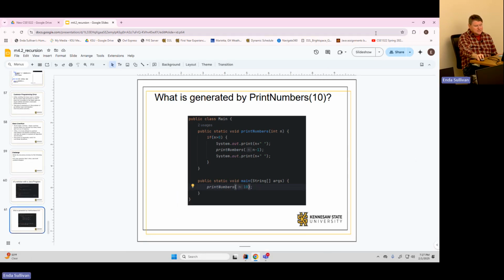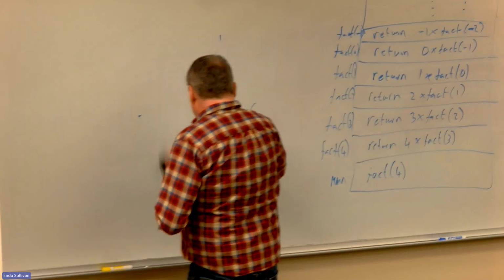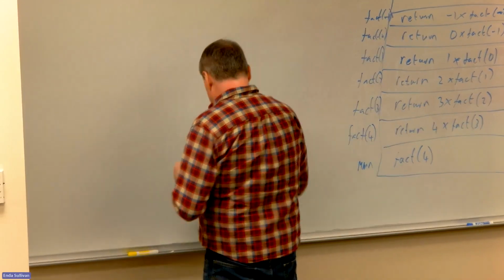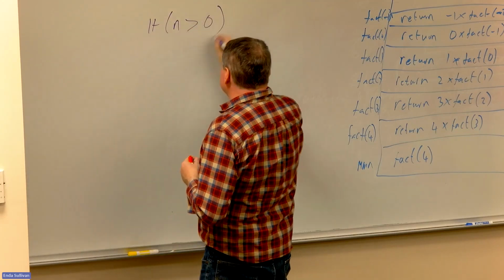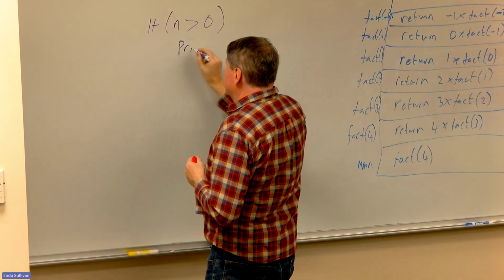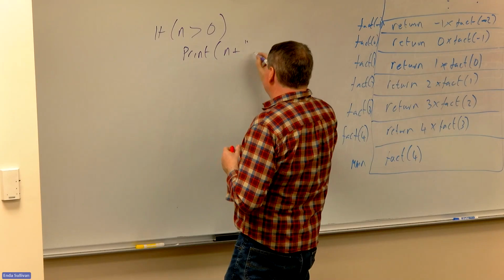So I'm going to cancel the screen share, and I'm just going to write this up on the board so that you can see. I need to refresh my memory on the code. If n is greater than 0, print out n plus a space. Okay, so if n is greater than 0, you're printing out, I'm just going to write print, the n plus a space.